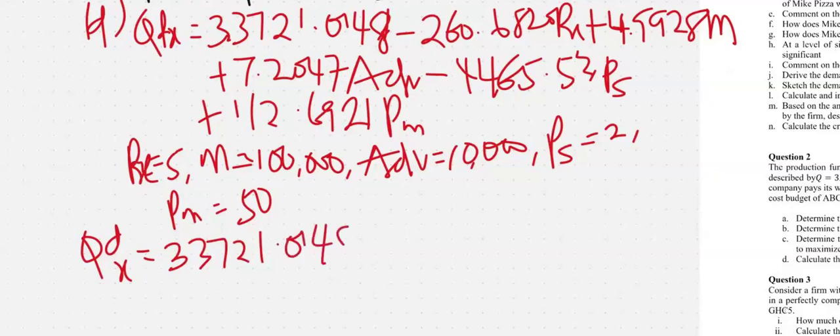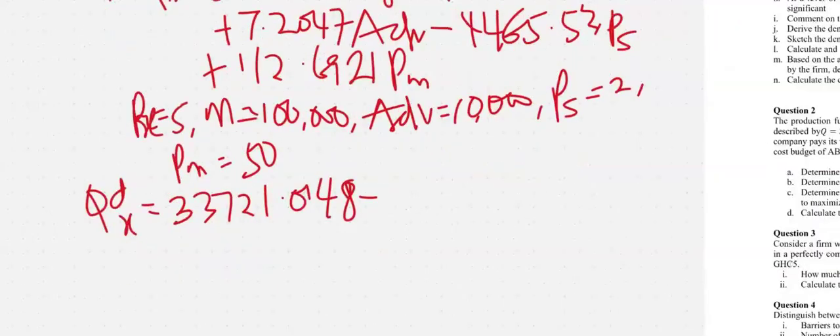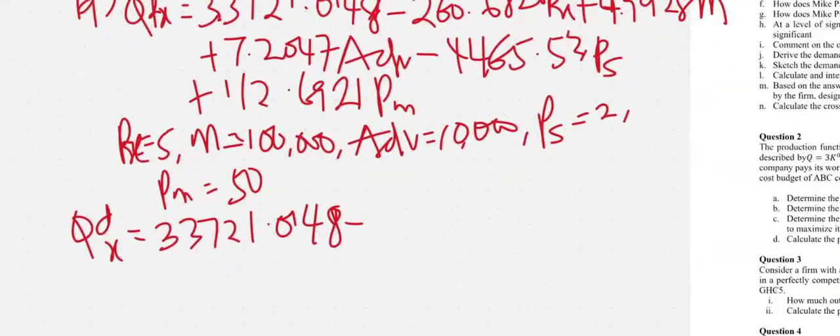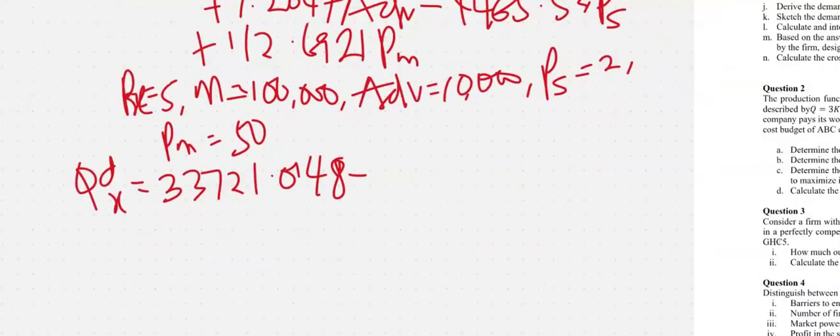So 33,721.0148 minus 260.6820, is that correct? Yes.